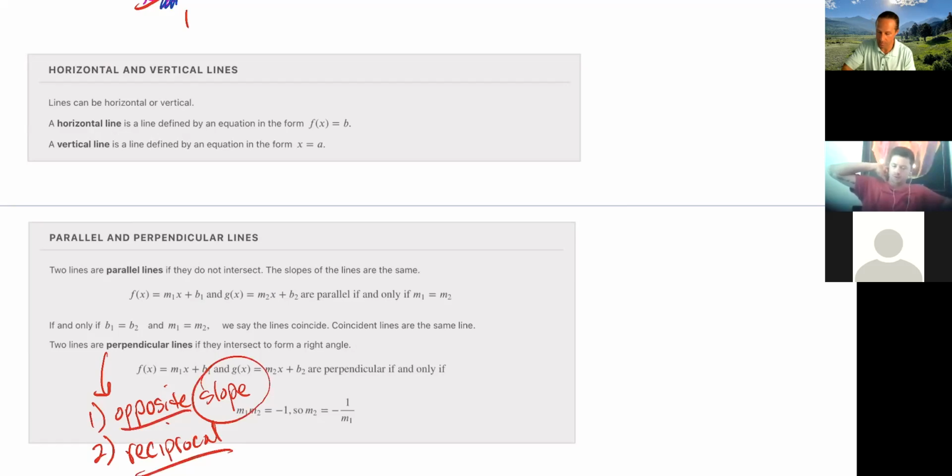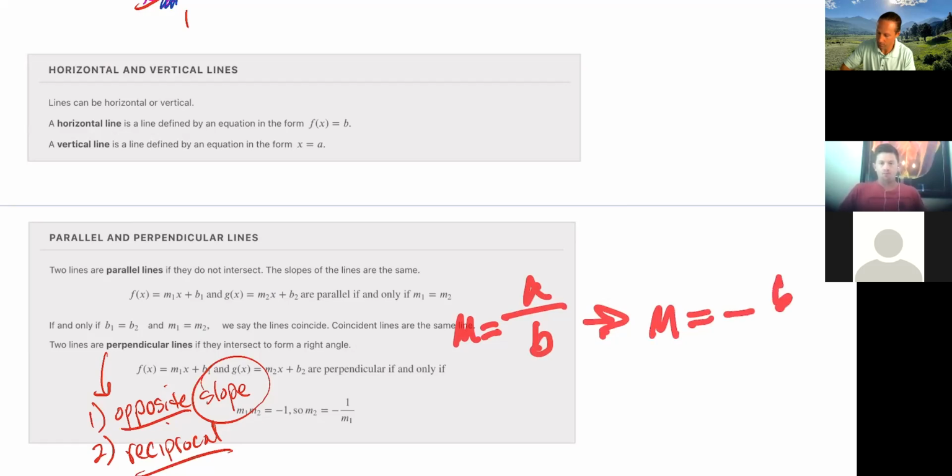Right? So a lot of people say, well, if you just multiply them together, you'll always get a -1. Because if I have a over b as one of my slopes, what would the other one have to be? Negative b over a. Very good.